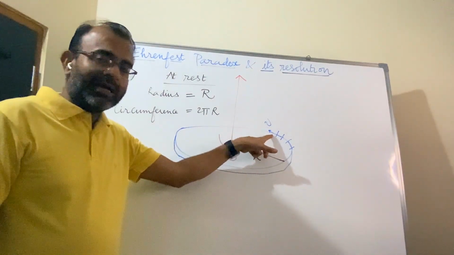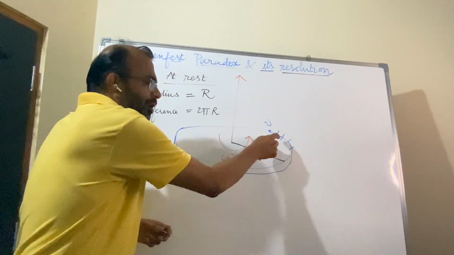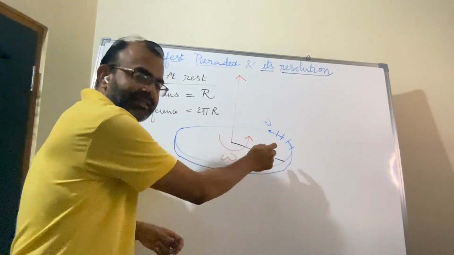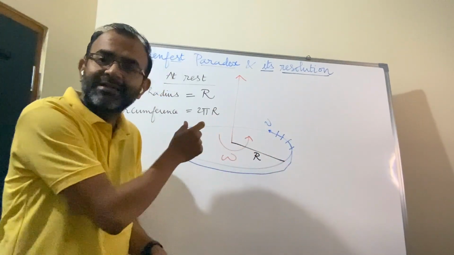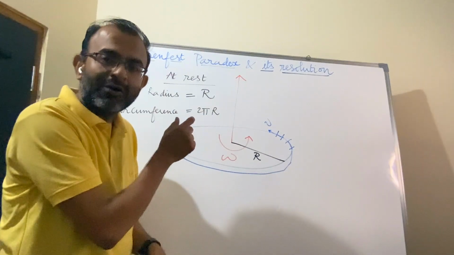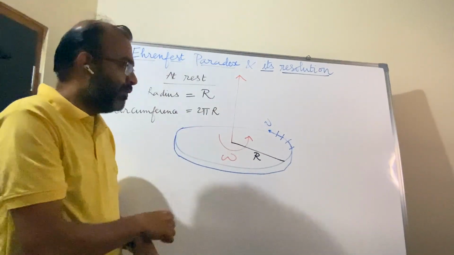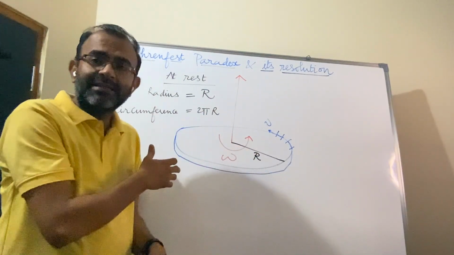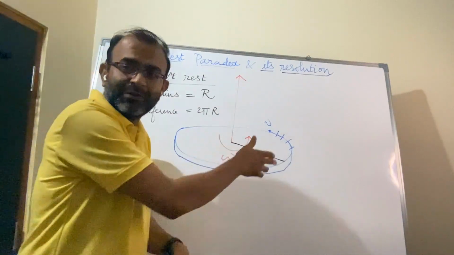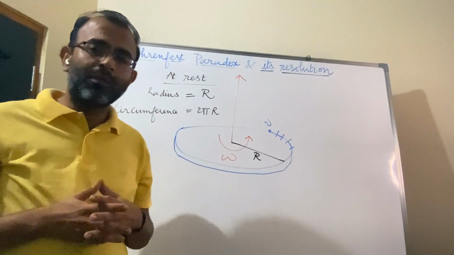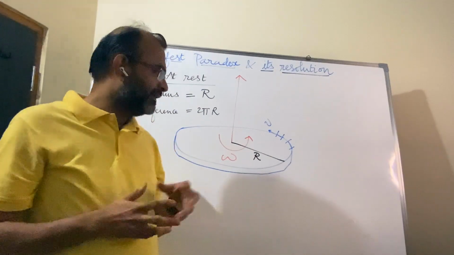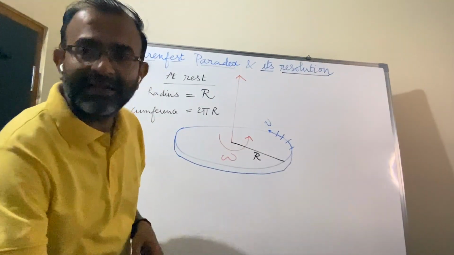That means, since the disk is rotating, the elements of its circumference along the periphery have to undergo length contraction, whereas the radius, which is the perpendicular direction to the direction of the motion, would have no contraction.